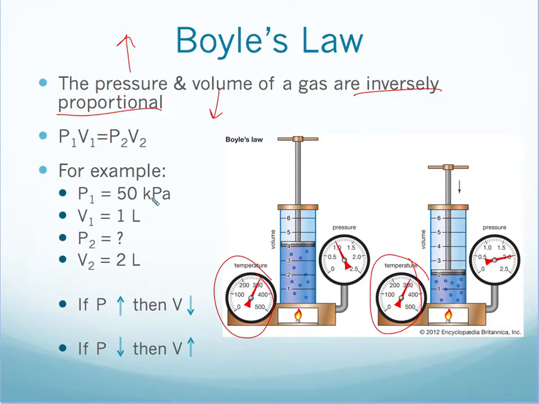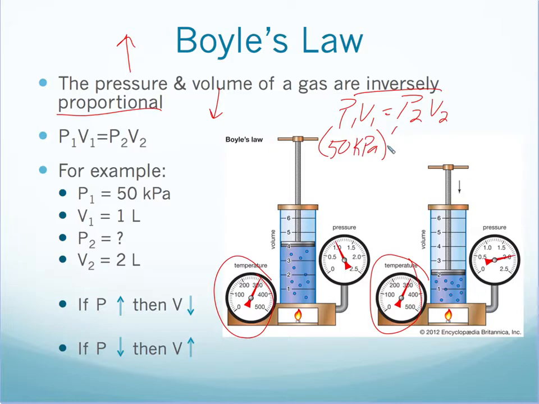So pressure 1, if we had 50 kilopascals, and volume 1 was 1 liter, and my volume 2 was 2 liters, what's my new pressure? So using P1 V1 equals P2 V2. Pressure 1 times volume 1 equals pressure 2 times volume 2. I can substitute. I know that P1 is going to be 50 kPa, kilopascals.